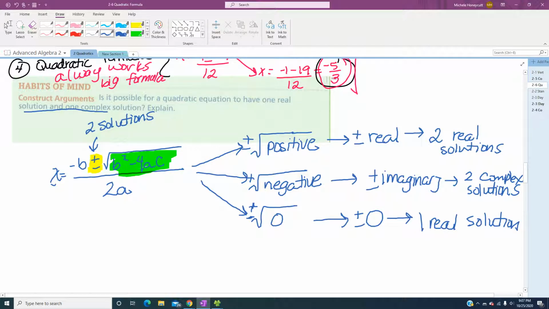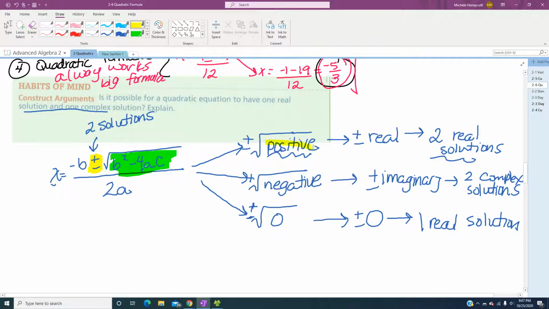So is it possible to have one real and one complex? No. We can either have two real solutions, two complex solutions, or one real solution. So it all goes back to the number under the square root. If the number under the square root is positive, we're going to have two real solutions. I'll even highlight that. I think that's a good thing to highlight.